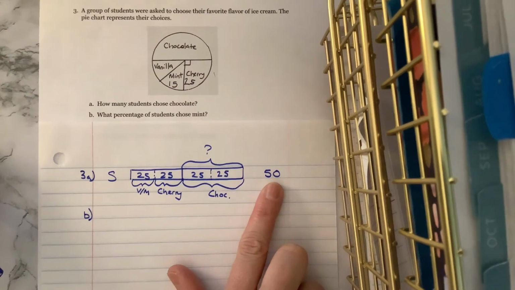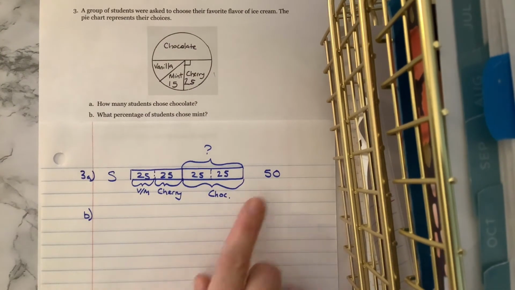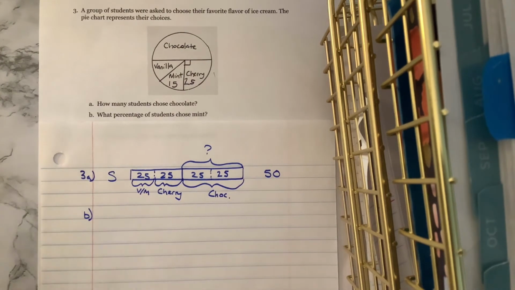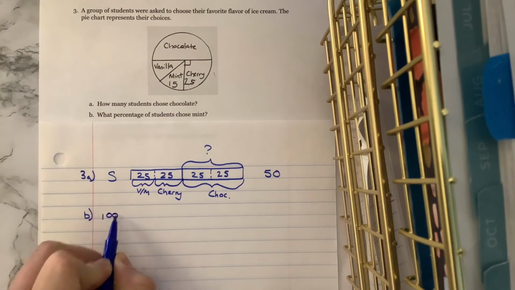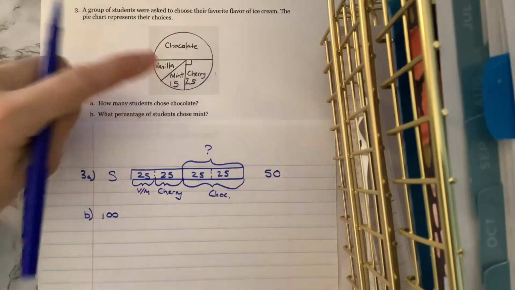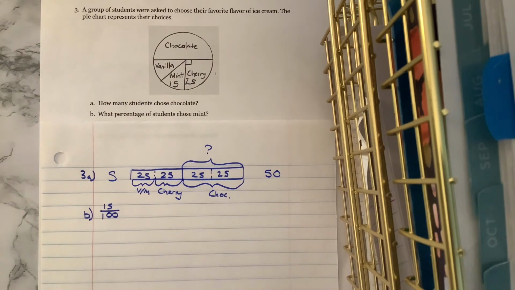If 50 is half of the students, what's all of the students? I'm going to say that again. If 50 makes up half of the students, what is the total number of students? What's all of them? 100. How many of those students chose mint? 15. In other words, 15 out of 100 students chose mint.